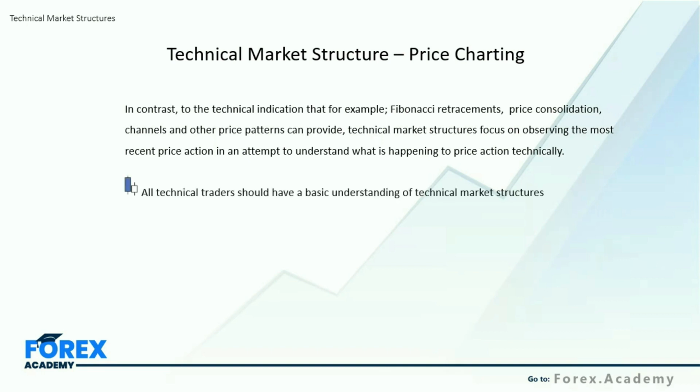All technical traders should have a basic understanding of technical market structures. It's really understanding the more recent price action and how that interacts with previous and slightly later historical price action. It all converges and starts to build a picture so that those trading these charts can understand what's going on.